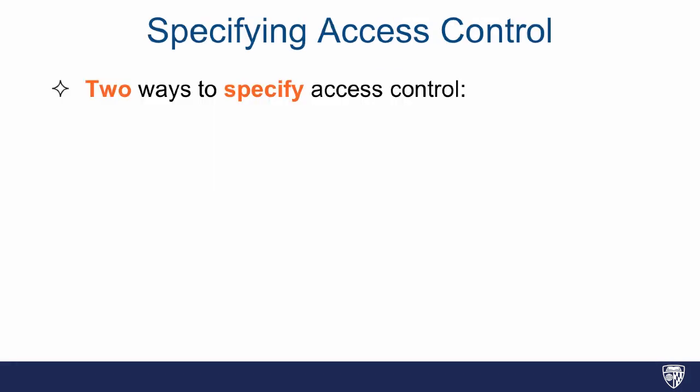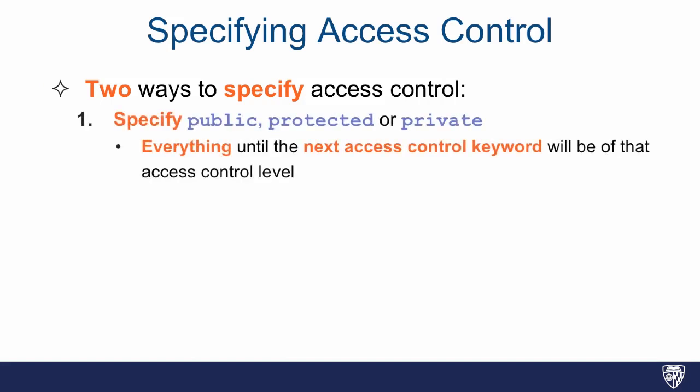So there are 2 ways you could specify access control in Ruby. Number 1, you could specify public, protected, or private keywords, and everything until the next access control keyword will be of that access control level. This is in addition to what I mentioned before, that by default, all Ruby methods are public. So if you don't specify any of these, your methods are going to be public.